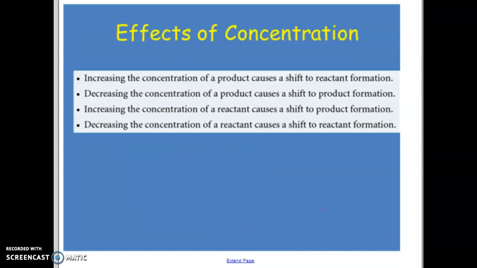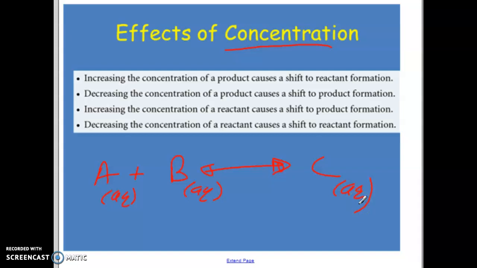All right, so we're going to look at one at a time here. So we have concentration first. How I want you to think of this, and I'm going to use this example a lot, is imagine we have A plus B in equilibrium with C. Whatever change is made to an equilibrium, the system wants to maintain equilibrium.